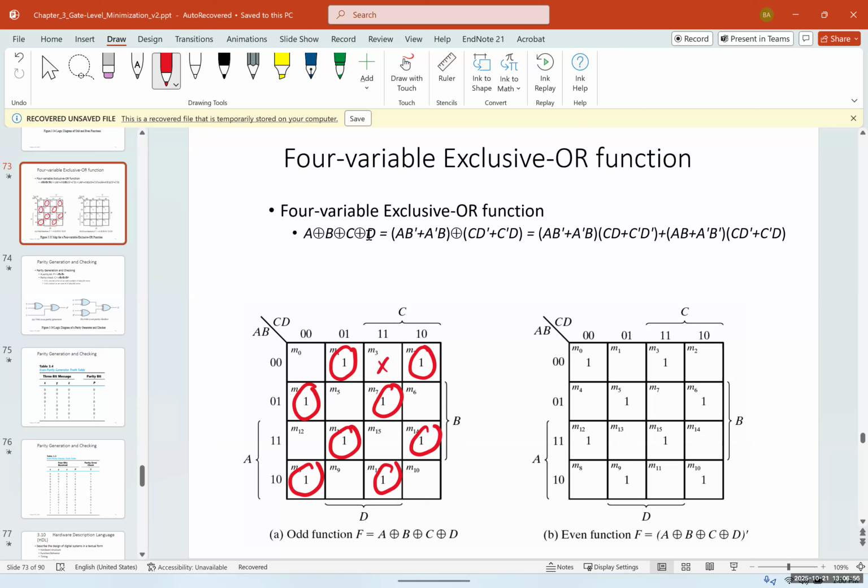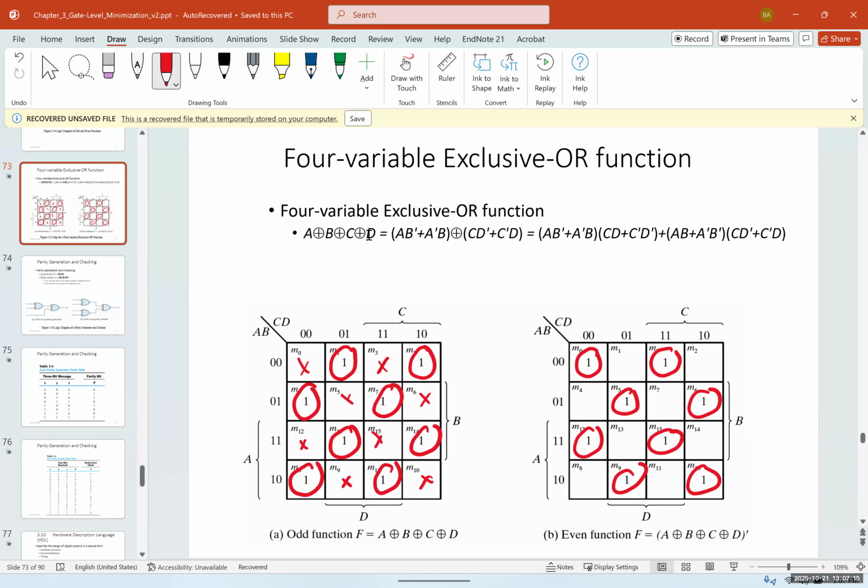And you can see the ones that are between them are zeros. So all of these are zeros or don't cares. We don't care. And for the even function or XNOR, it's the opposite. It's 0, 3, 5, 6, 12, 15, 9, and 10.